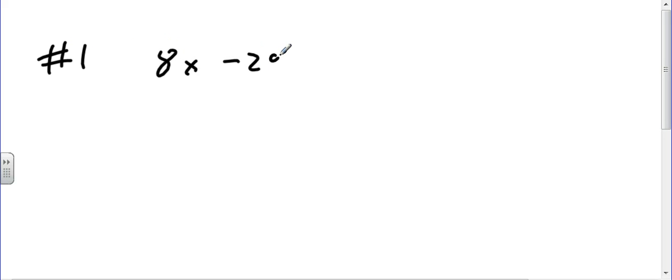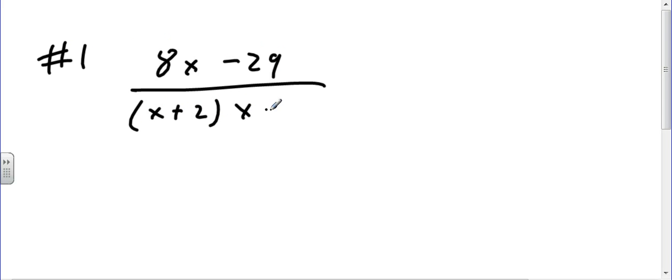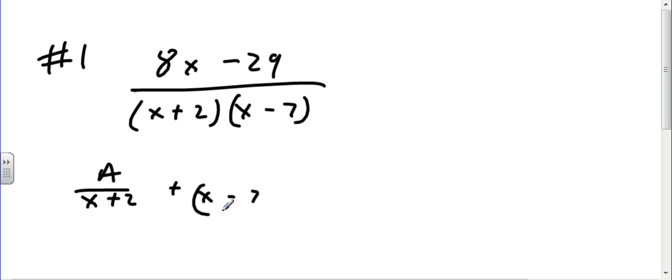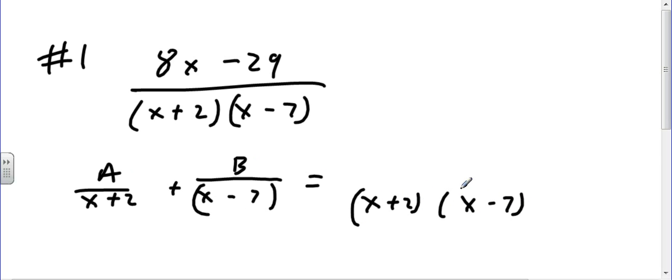Minus 29 over x plus 2, x minus 7. And now we'll try to pay slightly more attention to detail. All right, so this is going to be A over x plus 2 plus B over x minus 7. I'm going to find a common denominator, x plus 2, x minus 7.